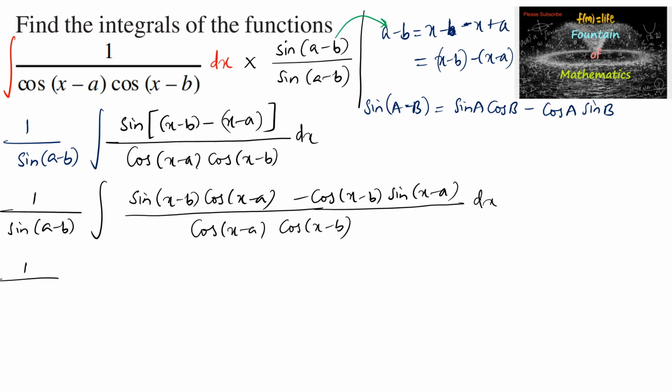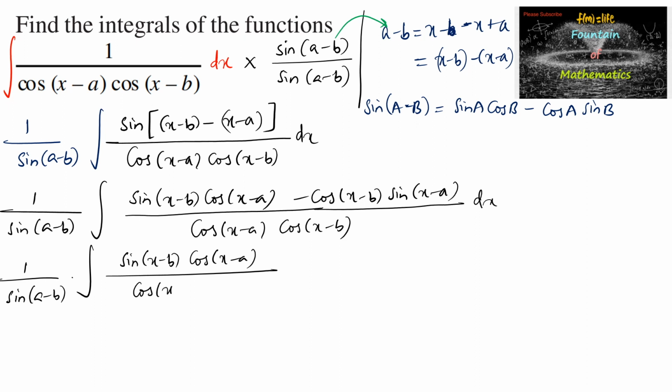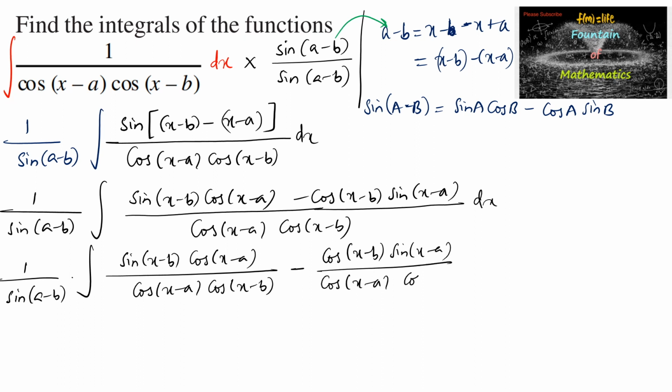So you can write 1 upon sin of a minus b into integral of sin of x minus b into cos of x minus a, whole divided by cos of x minus a into cos of x minus b, minus cos of x minus b into sin of x minus a divided by cos of x minus a into cos of x minus b, the whole dx.